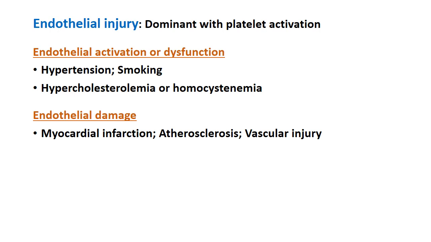Endothelial activation or dysfunction is seen in association with hypertension, smoking, hypercholesterolemia, or homocystinemia, where endothelial function is altered so that the thrombogenic property of the endothelium is aggravated. And whenever there is frank endothelial damage, which can be seen in association with myocardial infarction, atherosclerosis, or vascular injury, definitely that leads to thrombus formation.